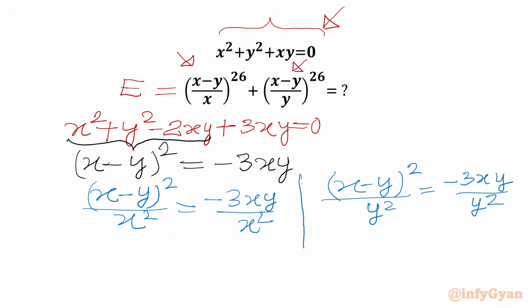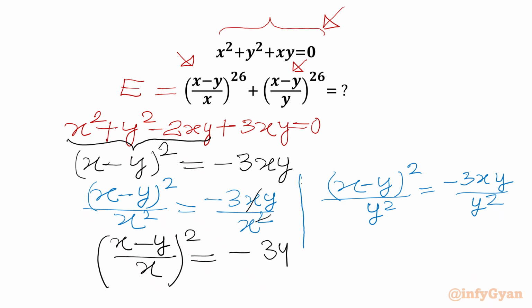Now we will simplify and write x minus y whole square over x square will be x minus y over x whole square. And in the RHS, we'll cancel one x from numerator and denominator. So we will get minus 3y over x.